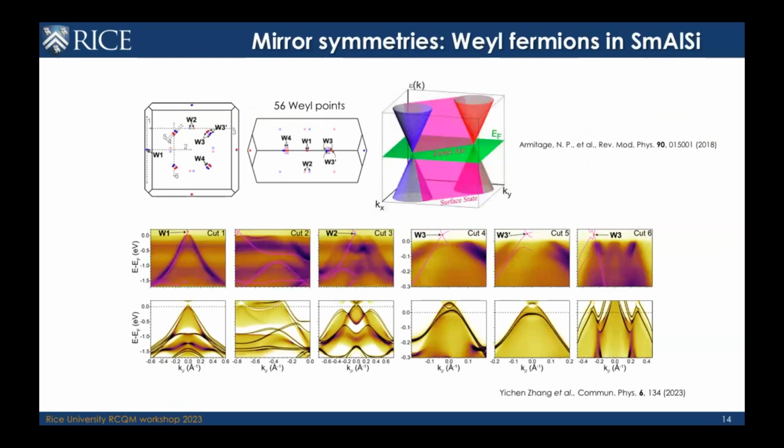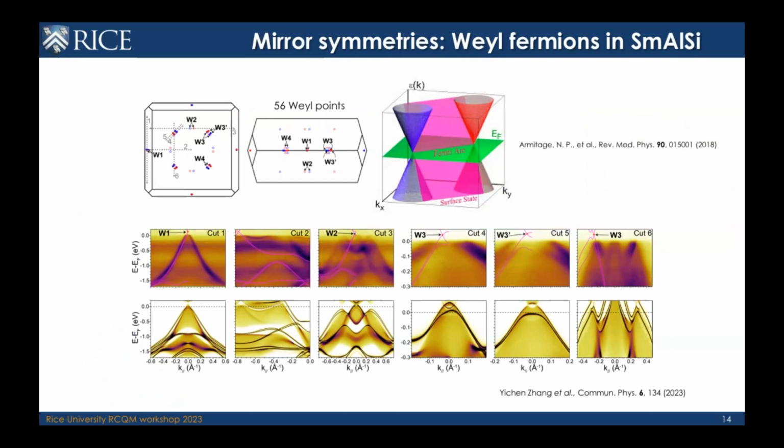Furthermore, we wanted to see what the Weyl fermions would look like, and what you would expect is something that is reflected in this pink plane over here. Notice that the samarium aluminum silicon is predicted to have about 56 Weyl fermions or Weyl points.